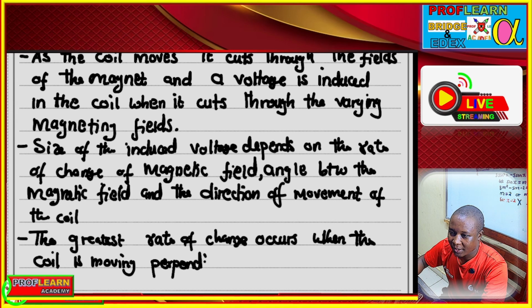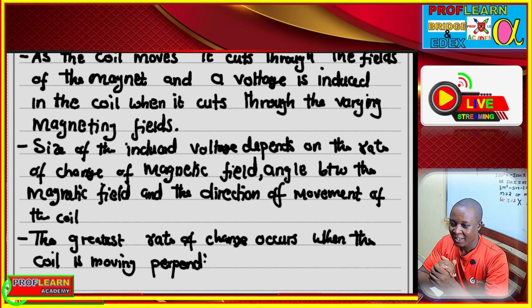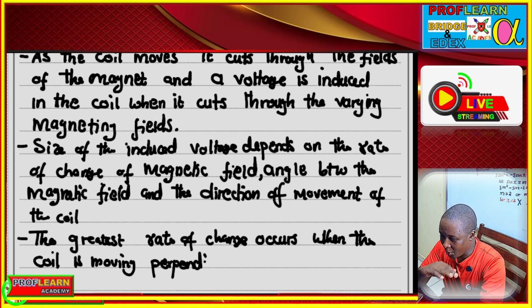We are going to say, as the coil moves, it cuts through the fields of the permanent magnets, which will mean that an EMF is going to be induced. Great. So we agree on that.